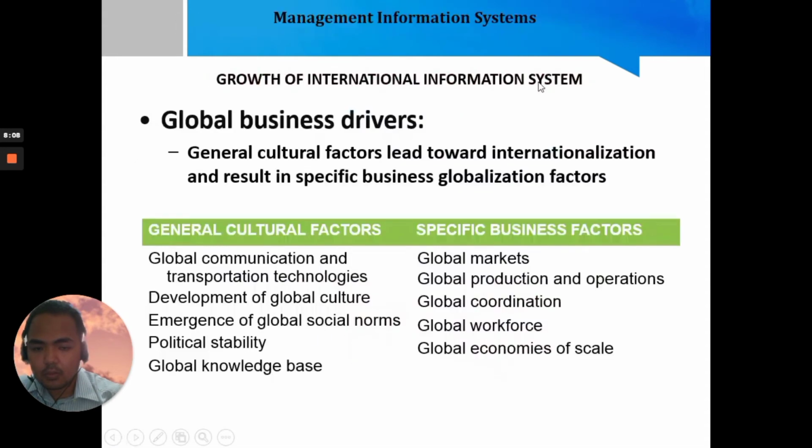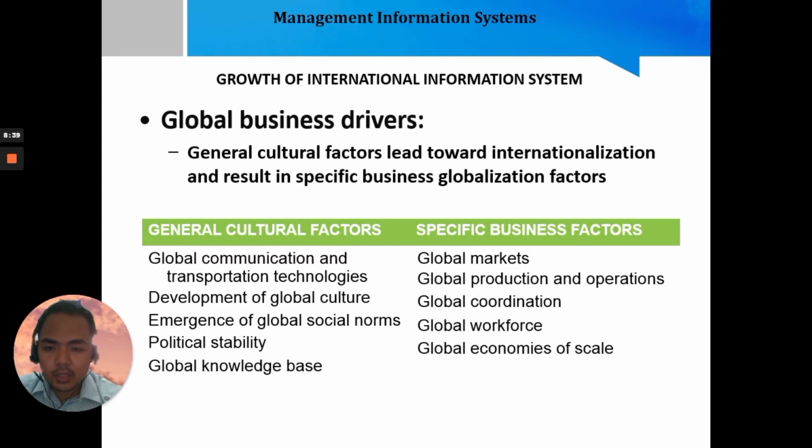Okay, next is global business drivers. General cultural factors lead towards internationalization and result in specific business globalization factors. It is divided into two: the general cultural factors and the specific business factors. Under the general cultural factors, of course, are global communication and transportation technologies.